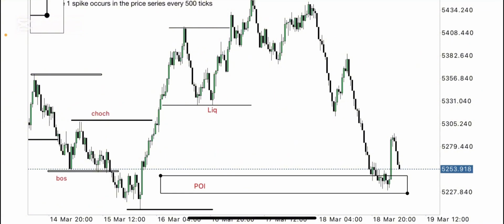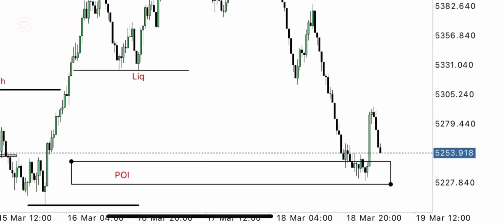So like this, maybe you have entered the market with this order block. Market is going to create something that we know as change of character here.